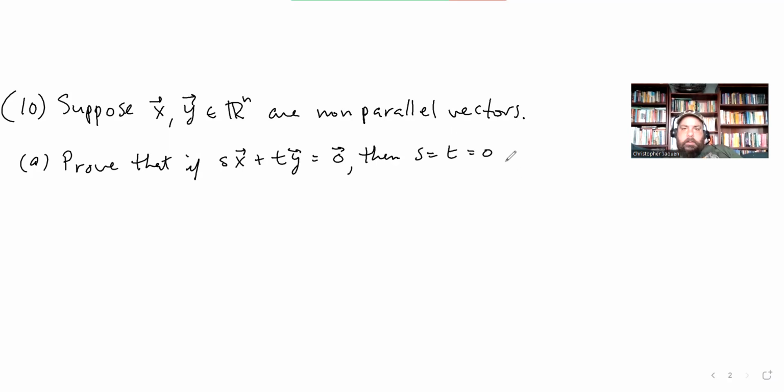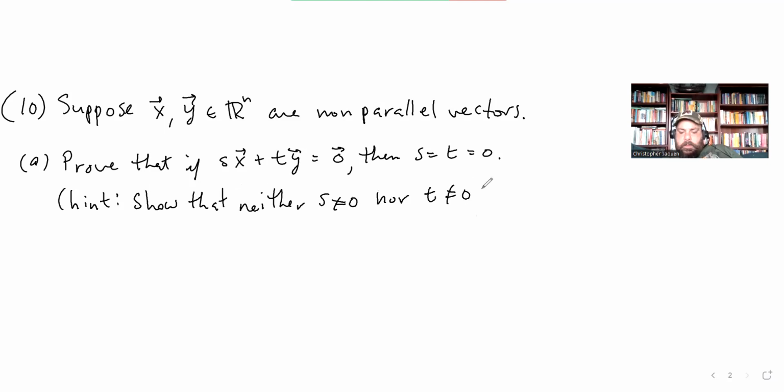Okay. He gives a hint here, so I'll give you the hint as well. The hint says, show that neither S is not 0, nor T not 0 is possible. Right, and maybe I'll write part B here as well, then we'll just do them one after the other.